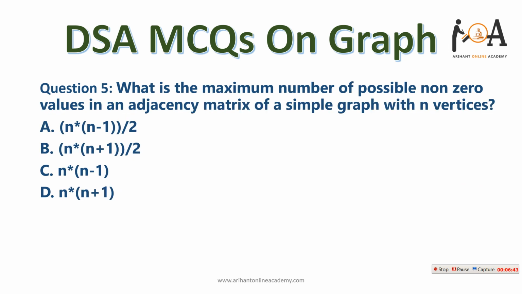The next question is, what is the maximum number of possible non-zero values in an adjacency matrix of a simple graph with n vertices? Okay, so four options are given to us. Suppose let's take an example.